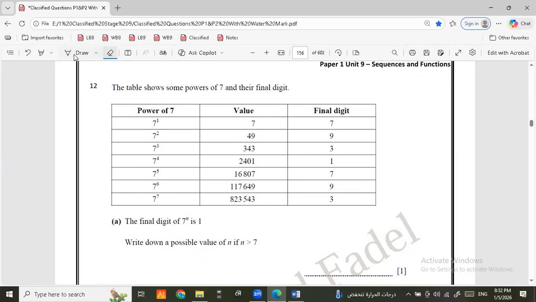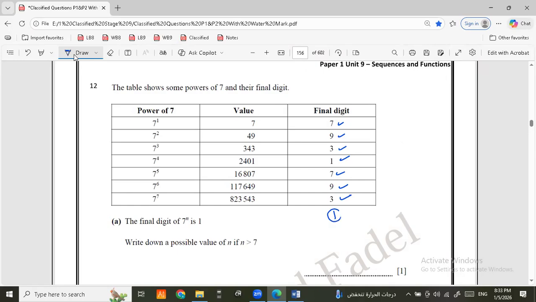But there is a pattern, actually, that we need to realize over here. What is the pattern? If you notice, when it's 7 to the power of 1, the final digit is 7, then 9, then 3, then 1, then it goes back to 7, 9, 3, 1.